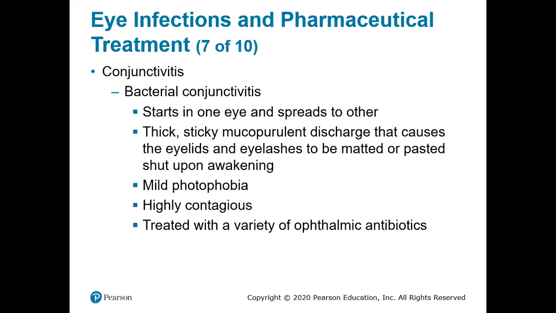Thick, sticky, mucopurulent discharge causes the eyelids and eyelashes to be matted or pasted shut upon awakening. Mild photophobia. This one is highly contagious, treated with a variety of ophthalmic antibiotics.